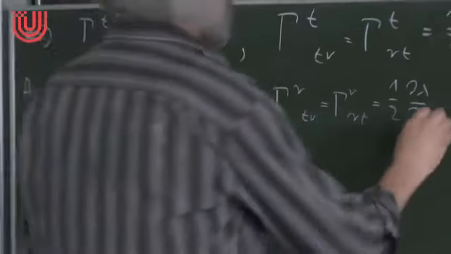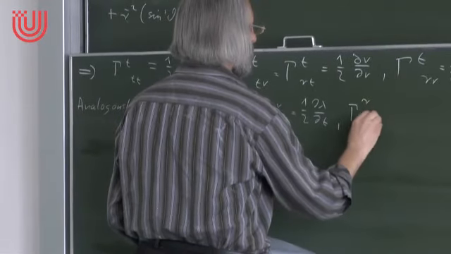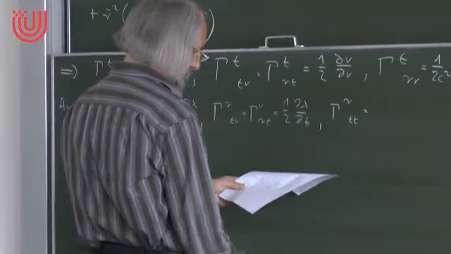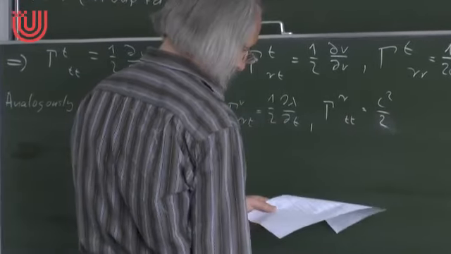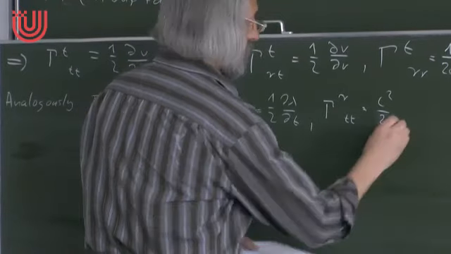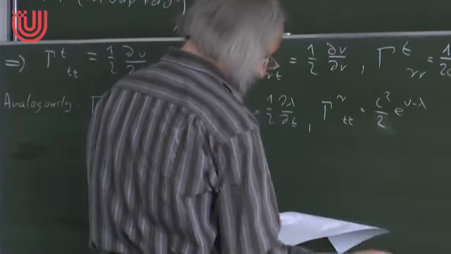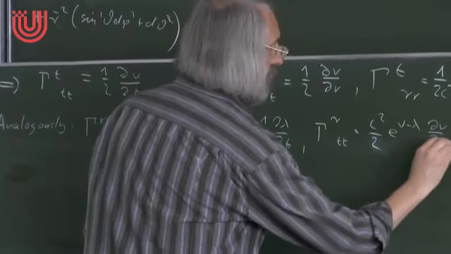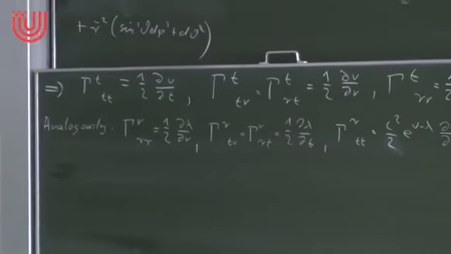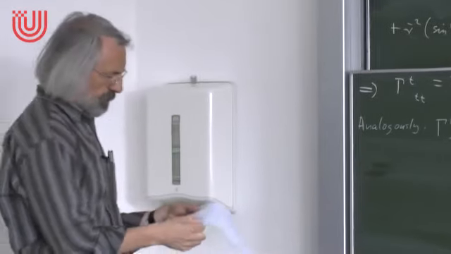And the Γ^r_{tt}, which is c squared over 2, e to the ν minus λ, dν/dr. So these are the Christoffel symbols with an upper index r.